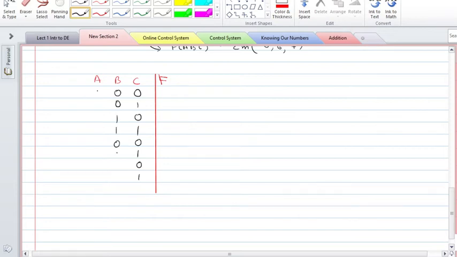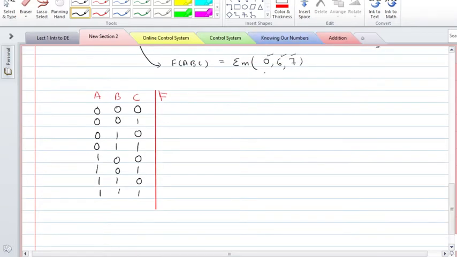Okay, let's see, that is A, B, C, and function f. 0 1 0 1 0 1 0 1, 0 0 1 1 0 0 1 1, 0 0 0 0 1 1 1 1, and this function will be 1 only for these values, that is 0, 6 and 7.